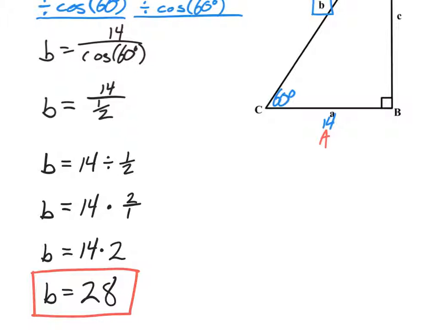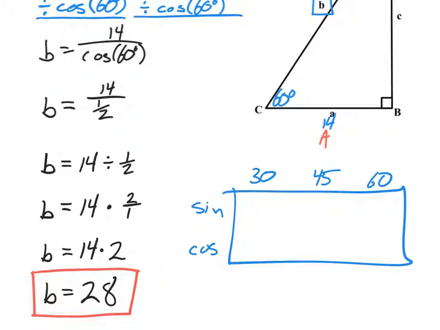All right, now, in this case, we didn't need to use a calculator. How do we know when we do and don't need to use a calculator then? Well, remember we've taken some notes on these, right? We know that for 30 degrees, 45 degrees, and 60 degrees, we know what the sine and cosine values are of each of those angles.